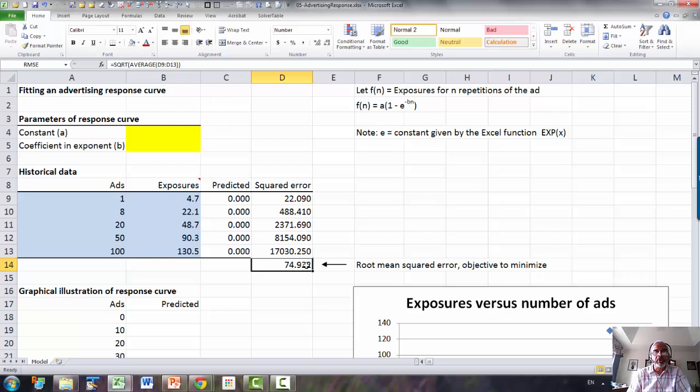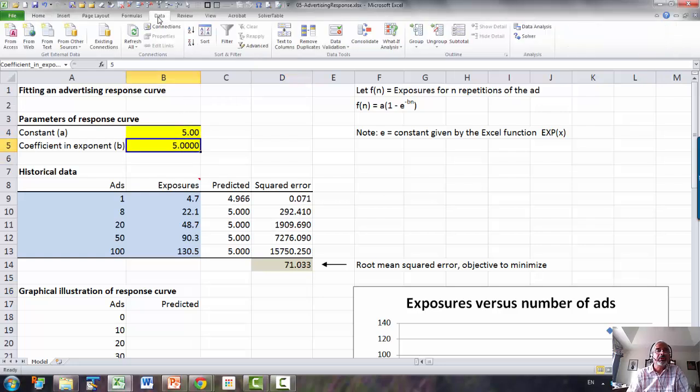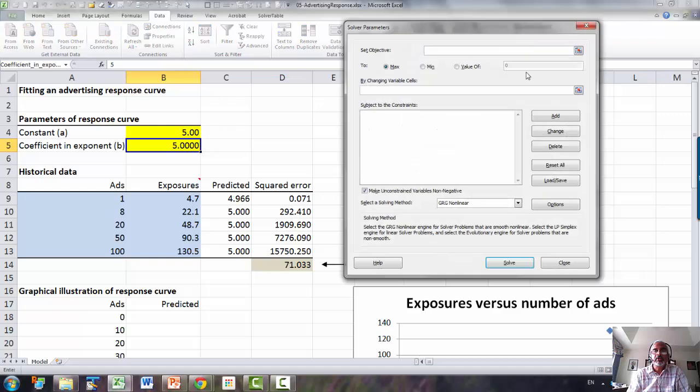So this is our objective cell. Let's put in some starting values and go to Solver. That's what we want to minimize.